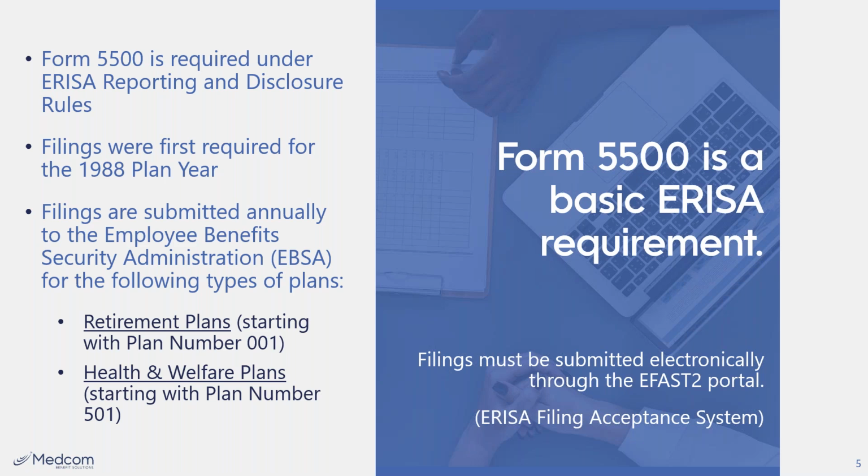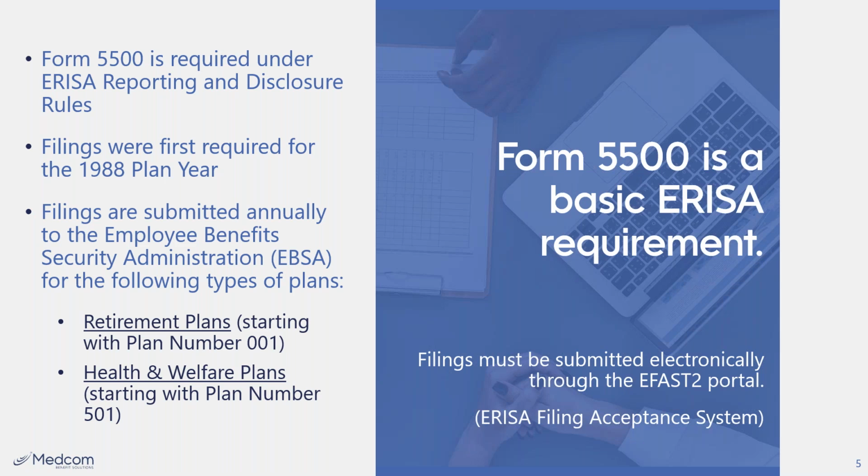Further, filings are submitted annually through the Employee Benefits Security Administration, and there are two types of plans. There are retirement plans, your 401(k)s. You'll recognize them while researching because they typically start with a 001 plan number.